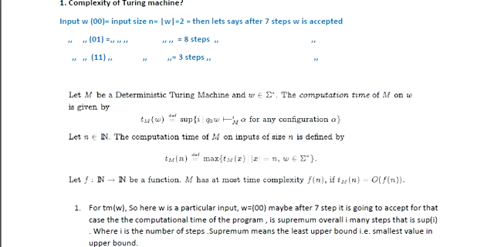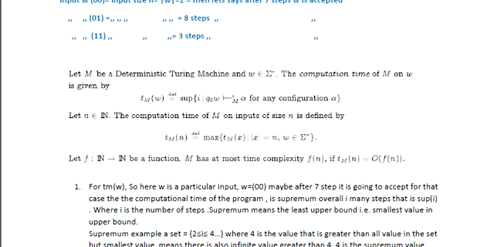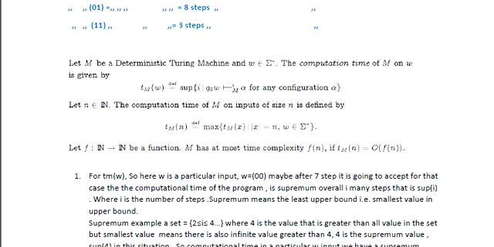So now the question is, what is supremum? Supremum means the least upper bound, which means the smallest value among the upper bounds. For more detail, let's say we have a set where the values are smaller than 4, and the values in the set are bigger than 2.